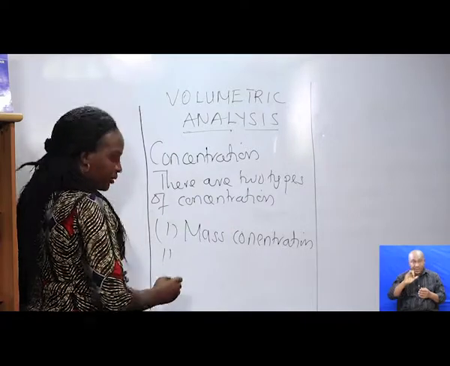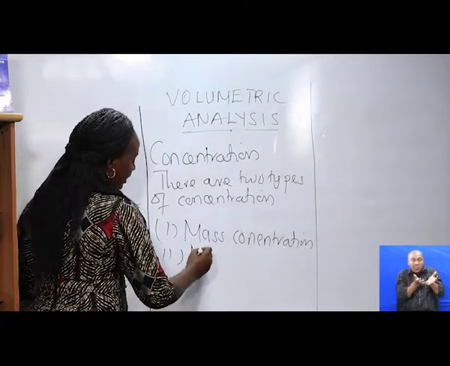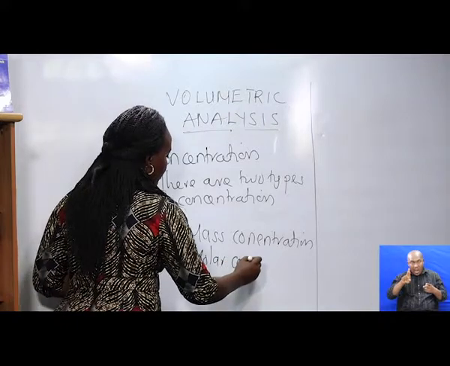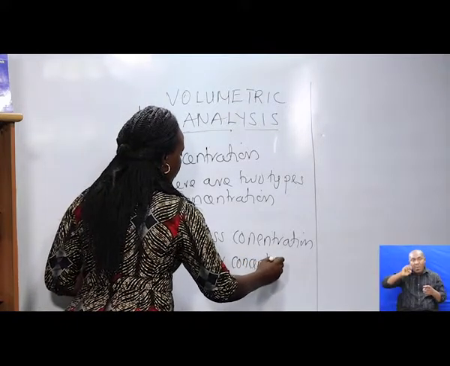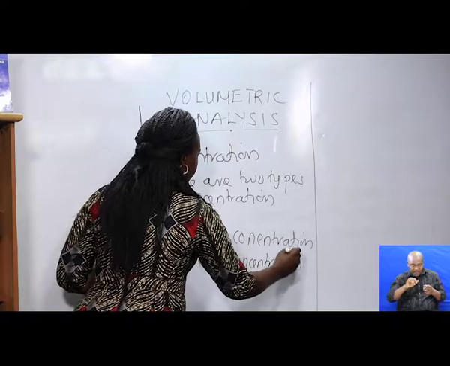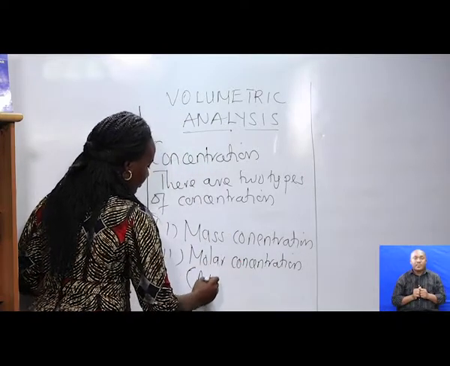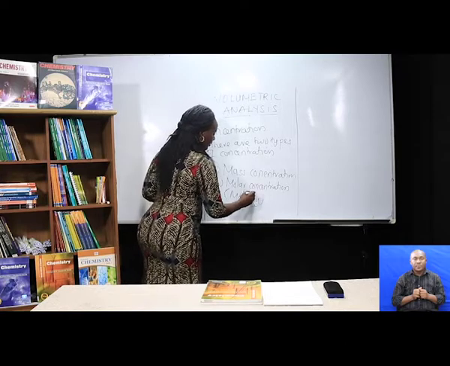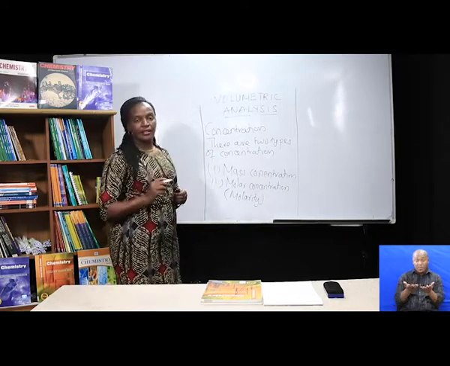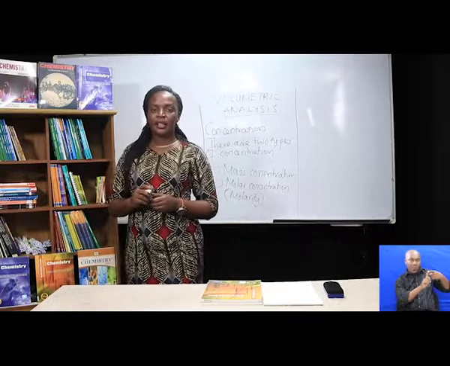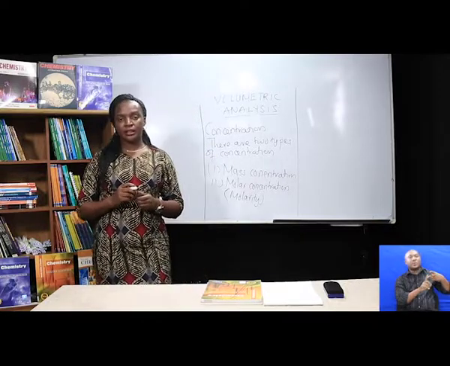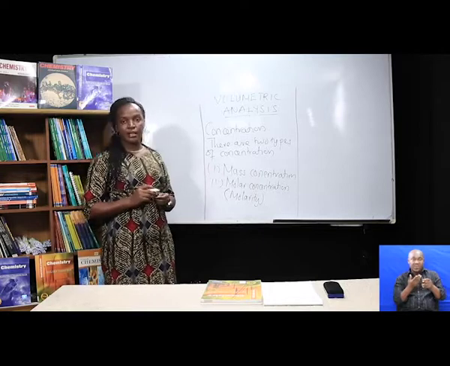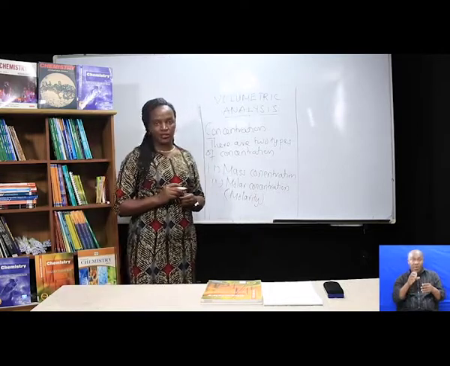Number two is called the molar concentration, or molarity. Let us discuss one type after another and see how we can calculate each type of concentration. Now let us start with the mass concentration.